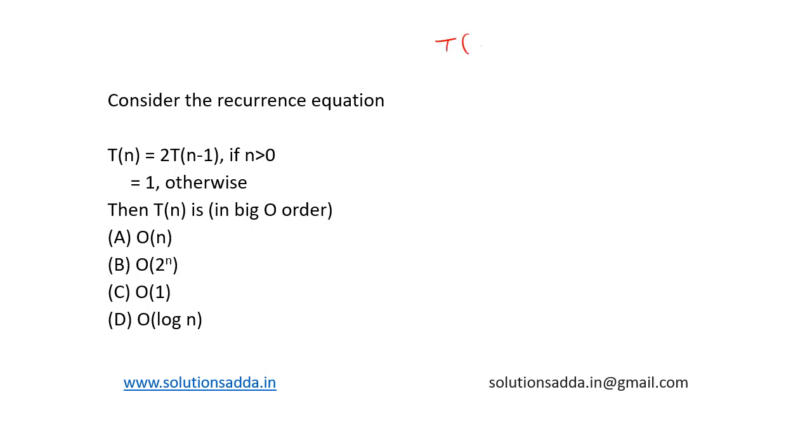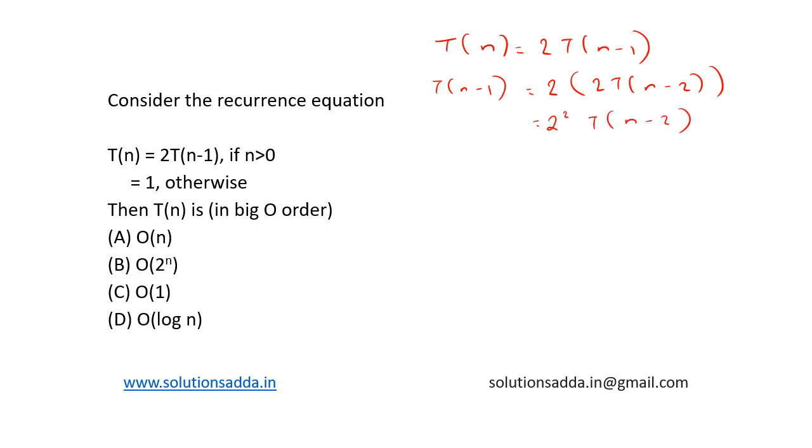It is given that T of n is equal to 2 into T of n minus 1 if n is greater than 0. So solving further, we can write that T of n minus 1 is equal to 2 into 2T of n minus 2, which is equal to 2 square T of n minus 2.